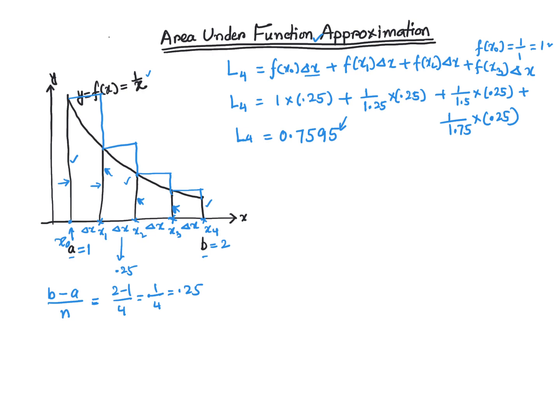Now, by looking at the diagram, you can see that when we find the left sum, we are in essence finding the area of the rectangles that go above the curve, above the function y equals 1 over x. So we are overestimating here.